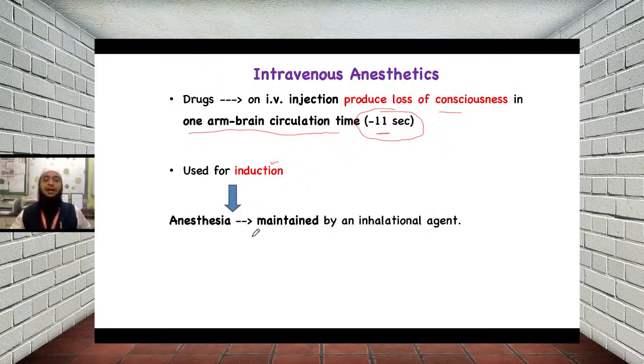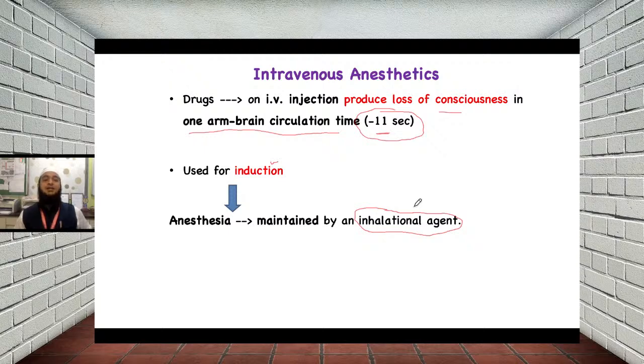and you can maintain anesthesia with an inhalation agent, because IV drugs are very dangerous. With IV, you are directly giving the injection into the blood. Now if that drug is not volatile and is more soluble in the blood, then through the blood it may reach many organs.